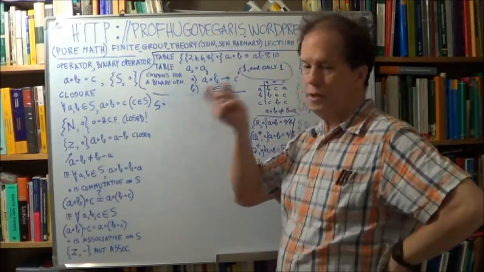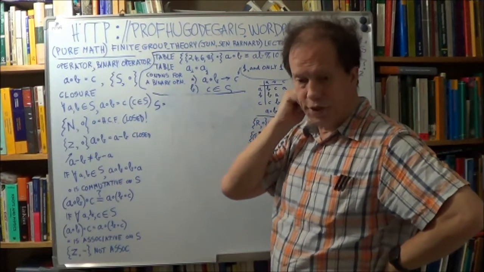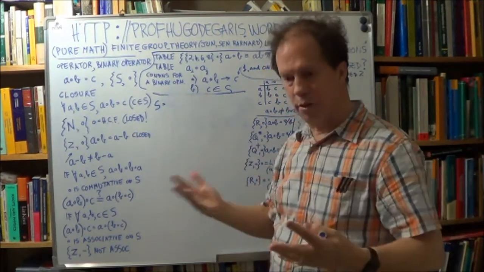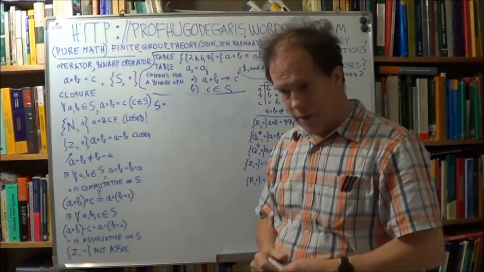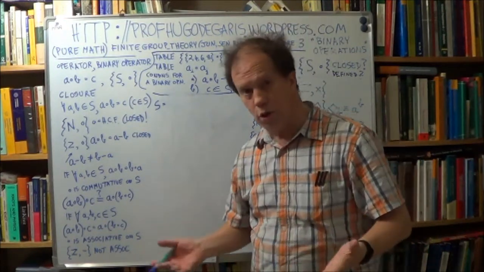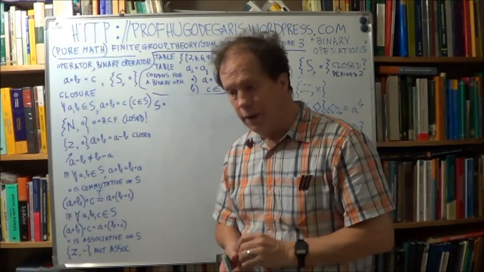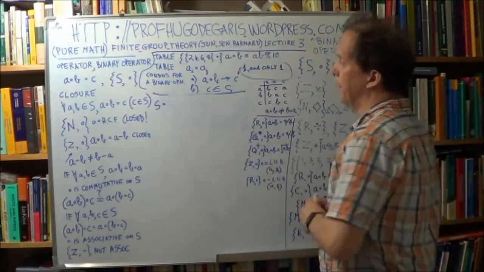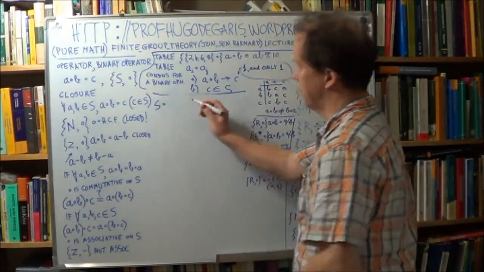So in two lectures' time, we will stop calling this a binary operation table, and if we're talking about a group, we'll simply talk about the group table. So let's actually construct a table.